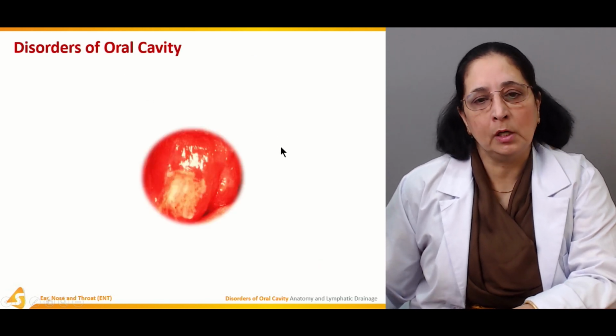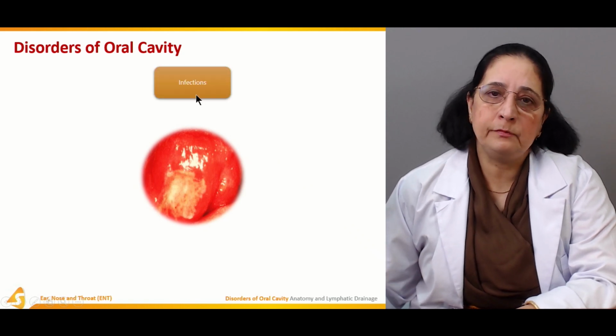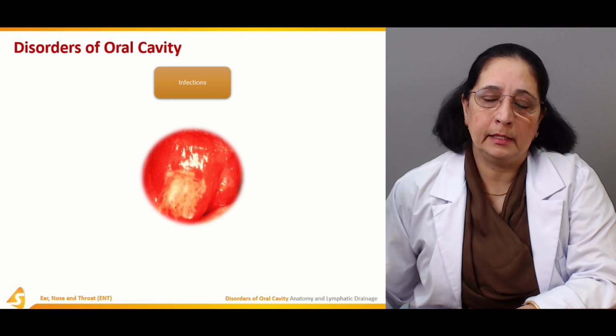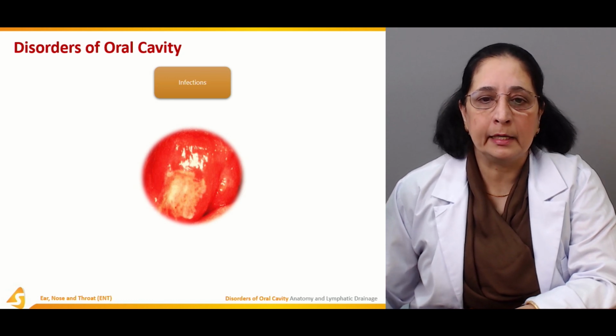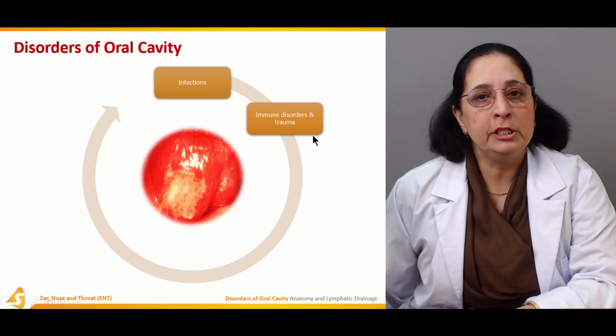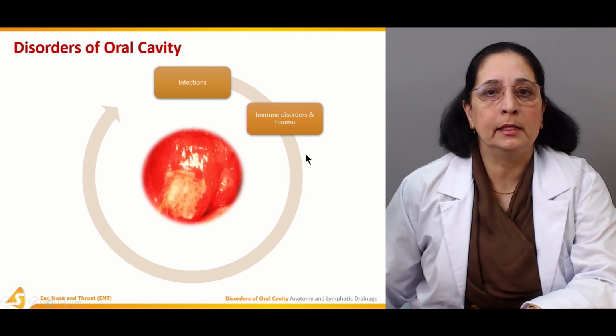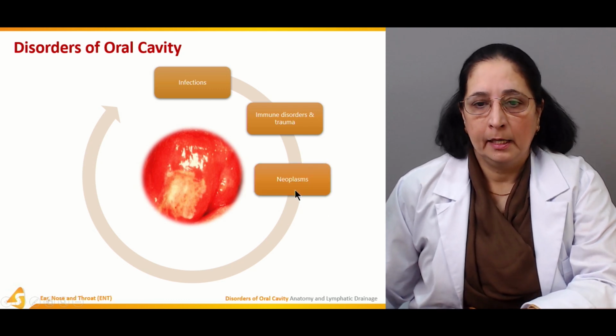Disorders of the oral cavity. Infections are one very common disorder that can affect the oral cavity, so different infections, immune disorders, and trauma to the oral cavity is another disorder.